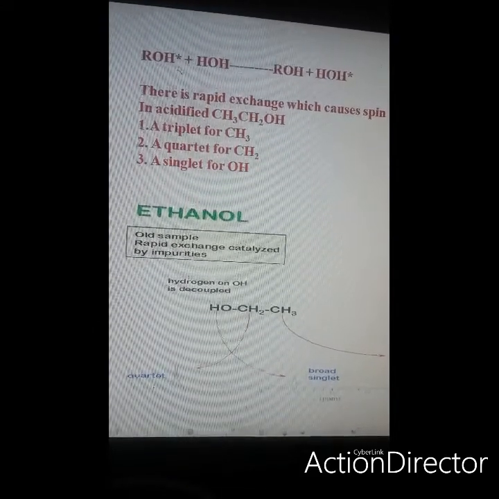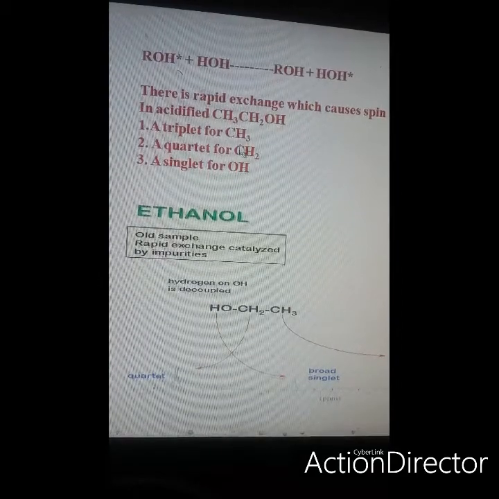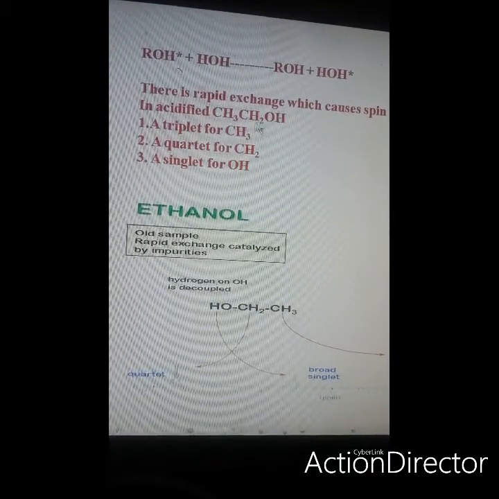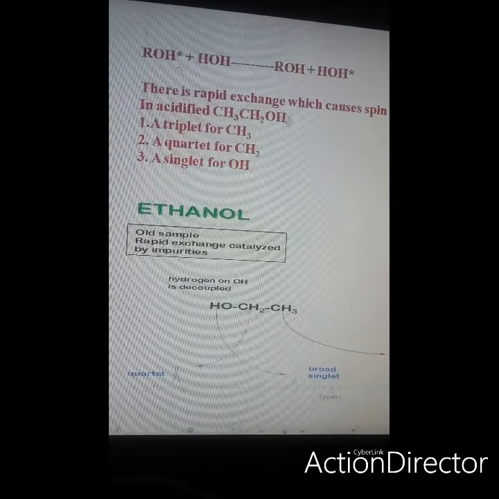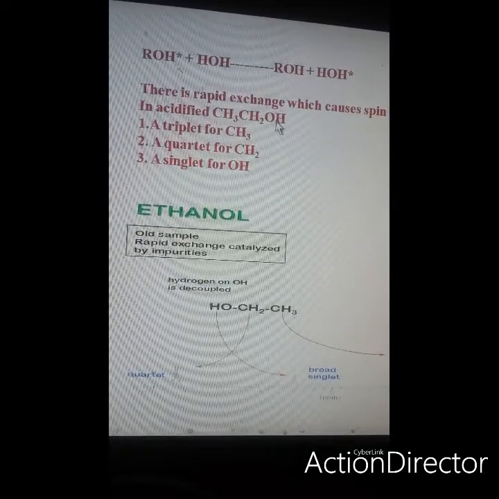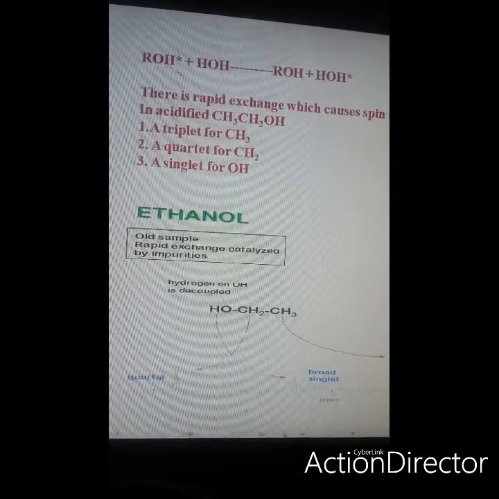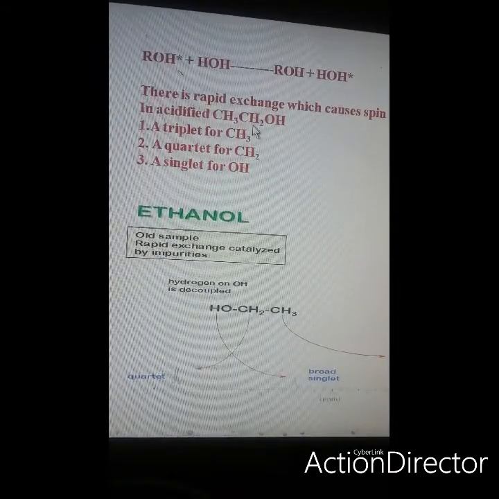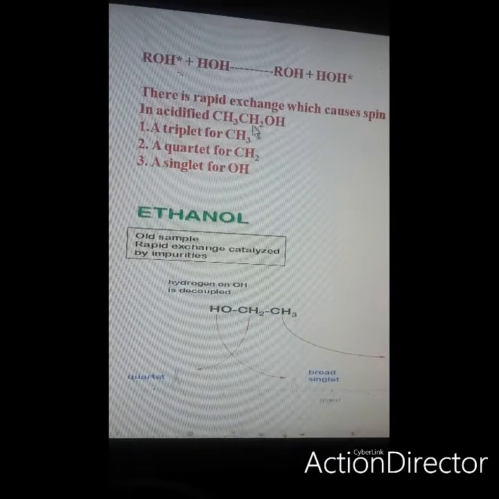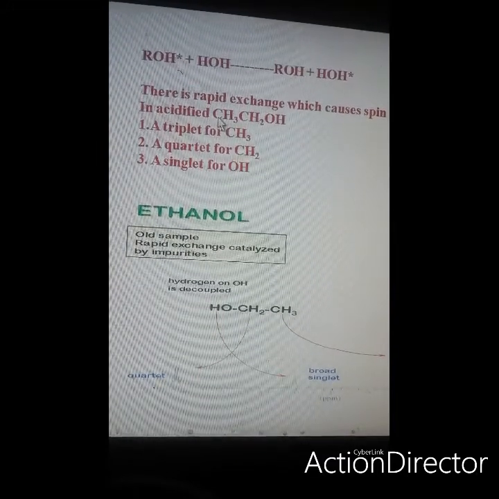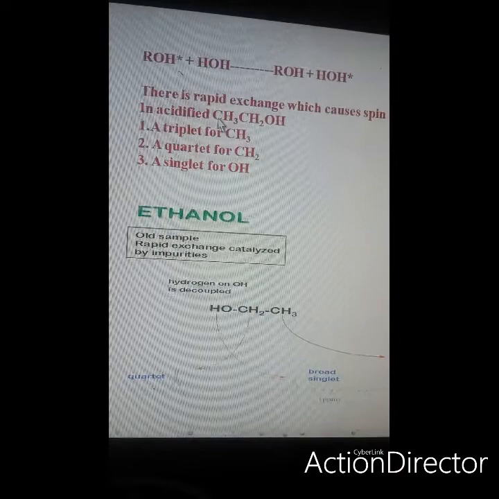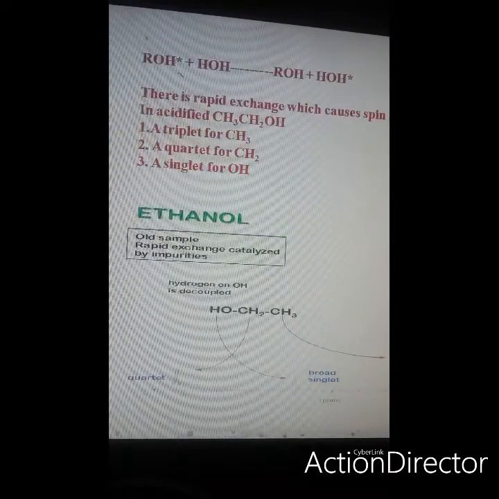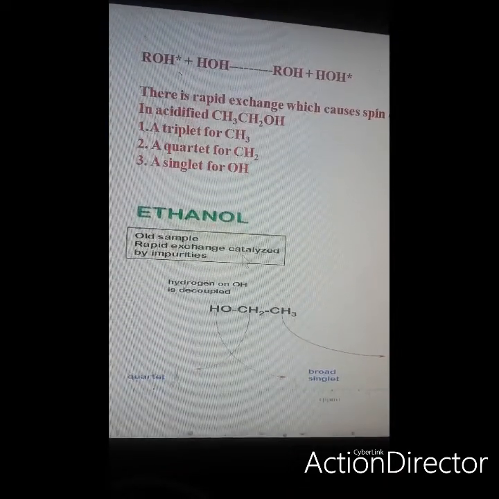So now you will get a triplet for CH3, due to the neighboring CH2. You will get a singlet for OH, because now it is not coupling with CH2 due to the proton exchange reaction, and this CH2 will also show a quartet. Earlier it was showing a multiplet, now it will show a quartet.